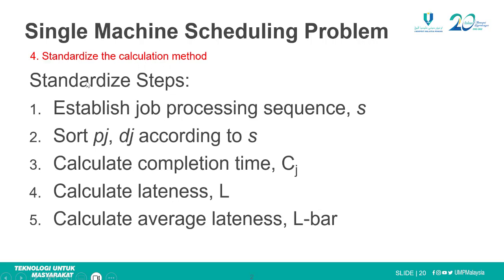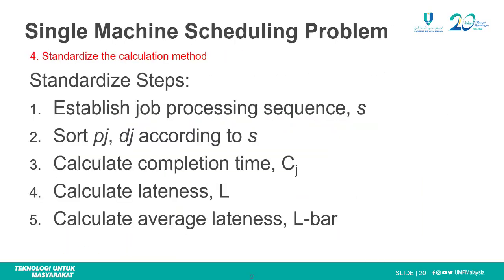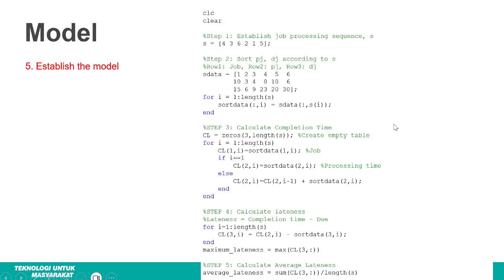Then step number 4, we standardize the step. Based on the manual calculation that we did earlier, we try to standardize the step. First, we establish the job processing sequence.